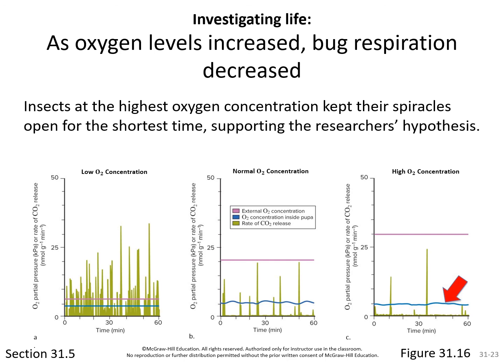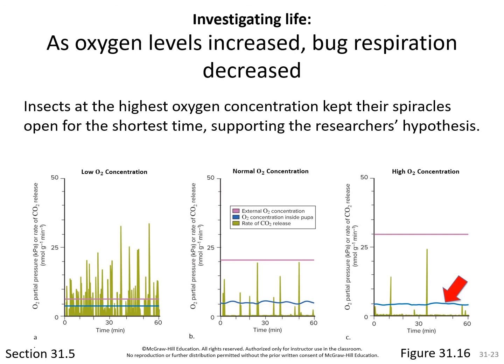Now, if you take a look at the diagram on the left, you'll see that there's a low O2 concentration. And I really think the key here is to look at CO2 release, because that definitely indicates that those spiracles are open. And so at a low oxygen concentration, you see a lot of CO2 release all the time. And this is an indication that those spiracles are open.